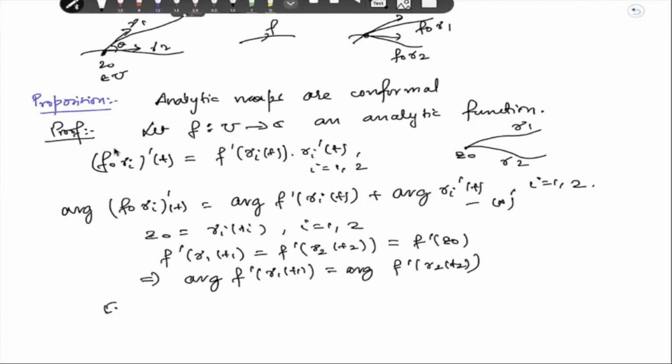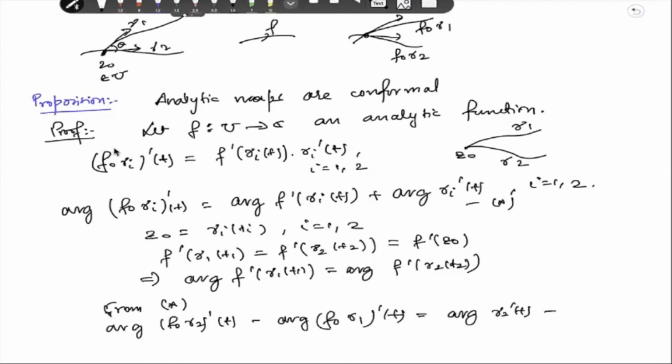So from the star, what you get is the argument of (f compose gamma 2)'(t) minus the argument of (f compose gamma 1)'(t) is equal to the argument of gamma 2 prime(t) minus the argument of gamma 1 prime(t). So this proves that f is conformal.